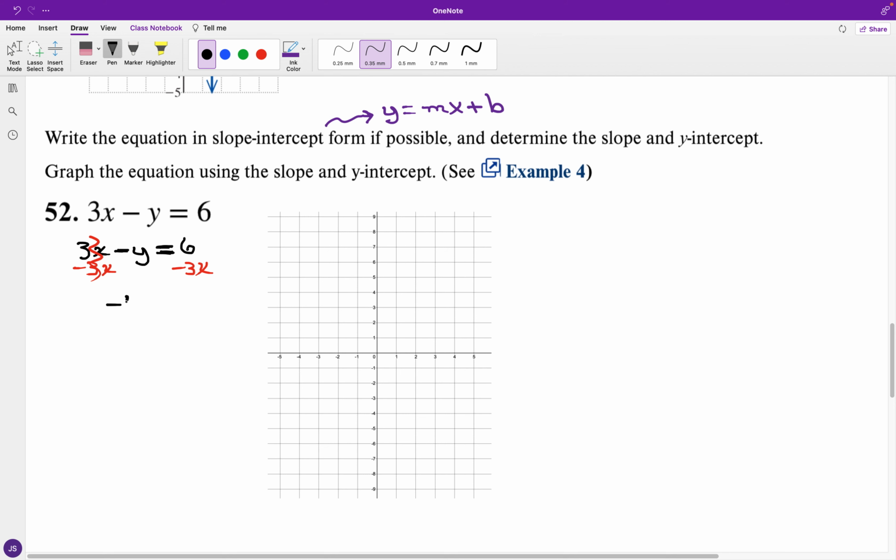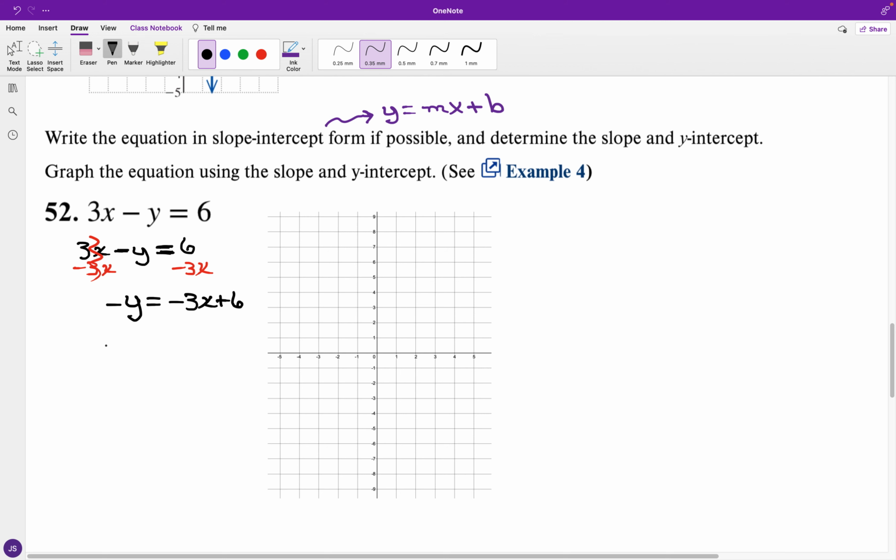Upon doing so, I have negative y, and getting as close to slope-intercept form, I'm going to have the x term out front. So I have negative y is equal to negative 3x plus 6.